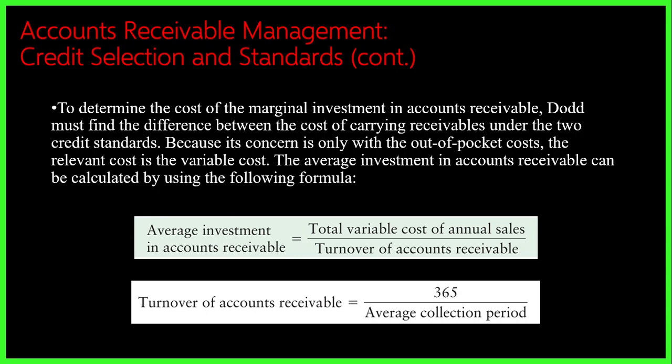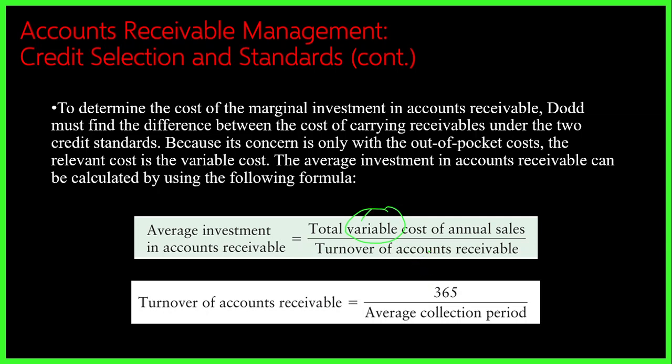So, these are the following formulas given. The investment in AR is equal to total variable cost. Take note, ang ginamit niya ay variable cost. So, ang assumption natin dito ay, like the first assumption, you have money that is currently invested, earning at a certain amount. So you're going to pull that out and then use that in your production. So, the opportunity cost will now be based on the variable cost.